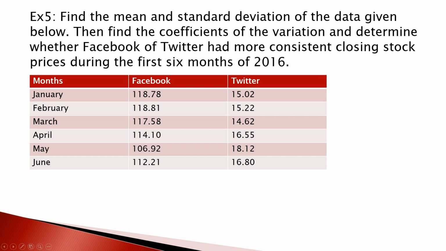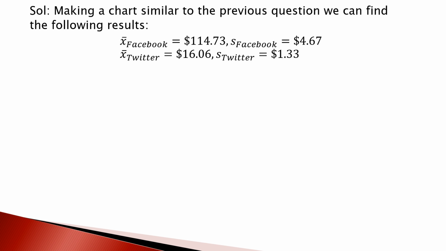Now let's find the coefficient of variation here and see how we can interpret that. Making a similar chart, we are not going to do it again, guys. We can find the mean for Facebook is 114 and the standard deviation is 4, and similarly for Twitter we have a mean of 16 and standard deviation is 1.